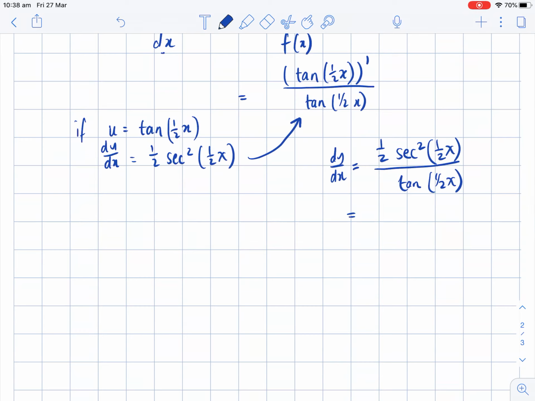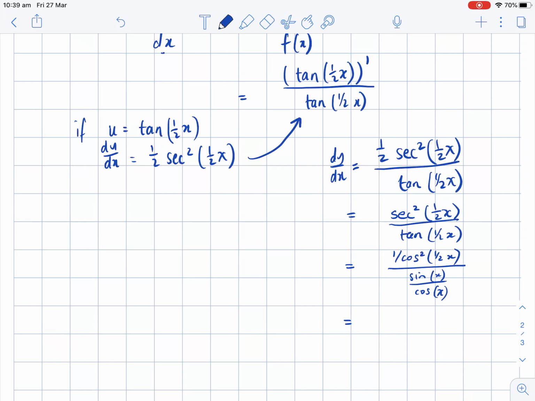So the first thing I'm going to do is drop that 2 to the bottom line, and I get sec squared of a half x divided by tan of a half x. And remembering that sec is 1 over cos, so that top line is actually 1 over cos squared a half x, and the bottom line, which is tan, is sine x over cos x.